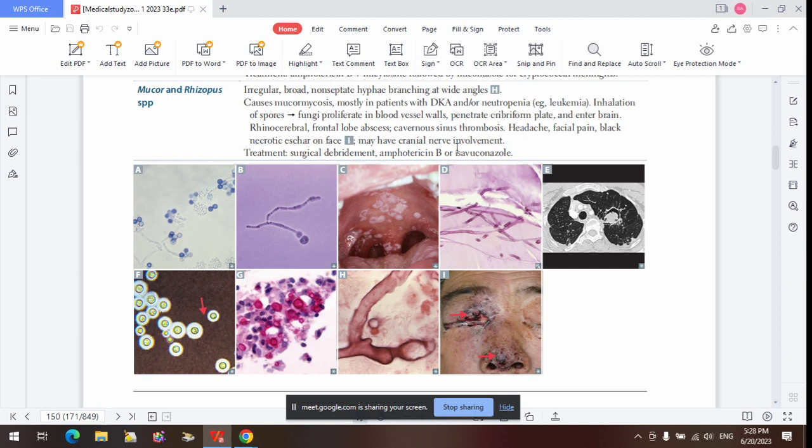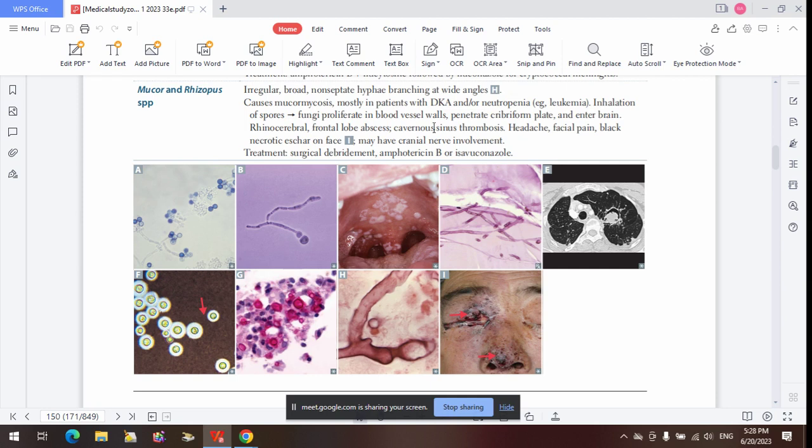So what do you want to watch out for in these patients? DKA or neutropenia. We said that neutropenia commonly comes from leukemia, so there is a leukemia somewhere, or there is a diabetic problem, most commonly DKA. Rhinocerebral mucormycosis is very common in people that are diabetic, people with DKA, or people that are neutropenic.